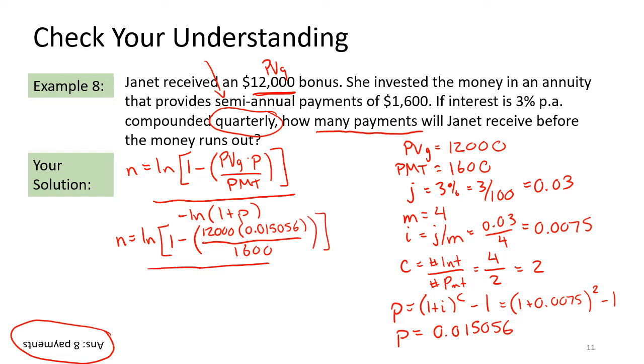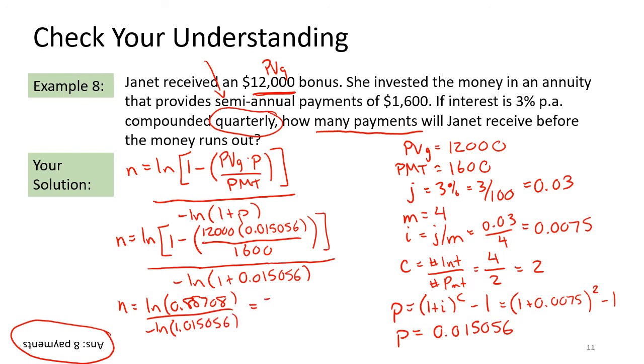And that's all divided by the negative ln of 1 plus that equivalent interest rate, 0.015056. Again, simplifying this, you should get that n is equal to the ln of 0.88708 divided by the negative ln of 1.015056.